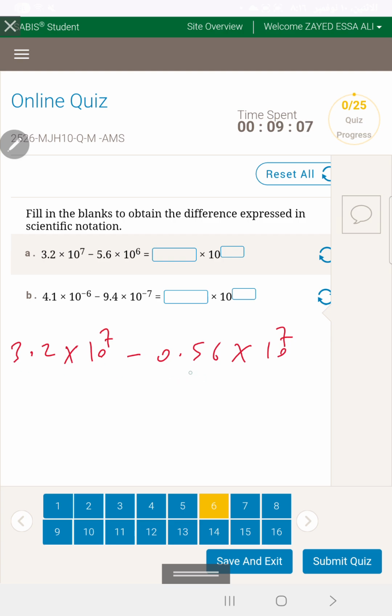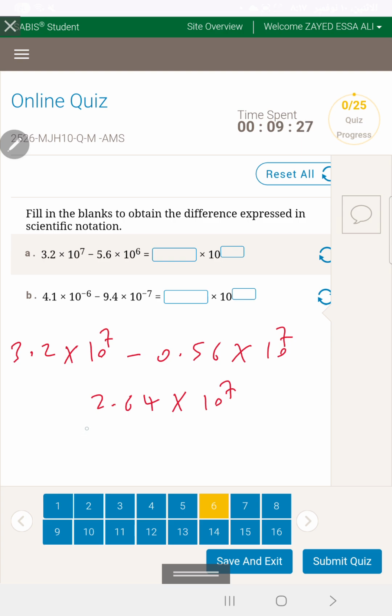So if you subtract 3.2 minus 0.56, you get 2.64 times 10 to the power of 7. That is the answer for question A. Now for question B, you have to do the same thing.